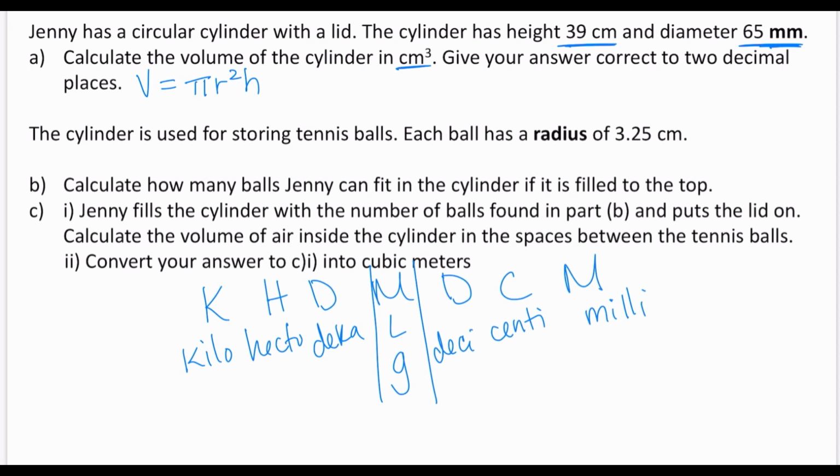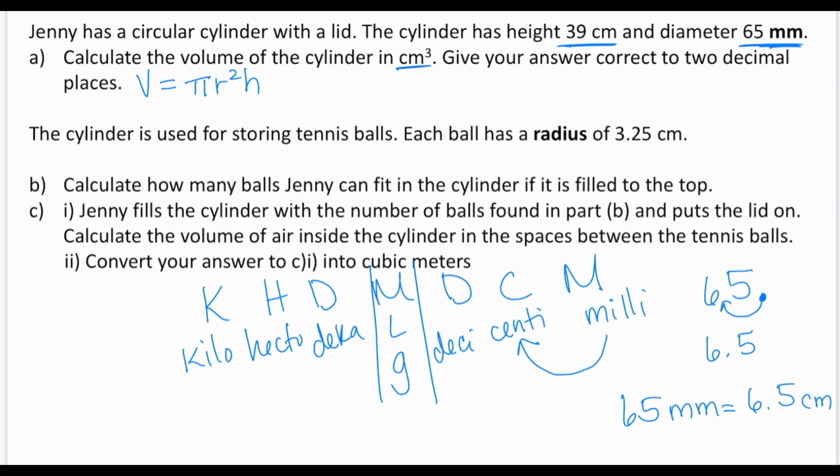Right now, I'm going from millimeters back to centimeters, which means that I'm going to take the decimal point. There is none, which means it is understood to be after the 5, and I'm going to move it back 1 decimal place. So then 65 millimeters is going to be the same as 6.5 centimeters.